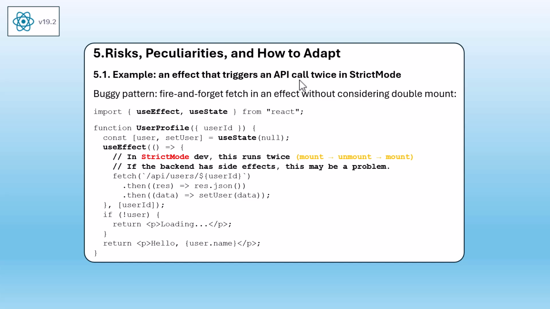5. Risks, peculiarities, and how to adapt. A few things to be aware of when using strict mode. The double rendering or double execution of effects can be surprising at first. It is normal to see things run twice in development, but this does not occur in production.